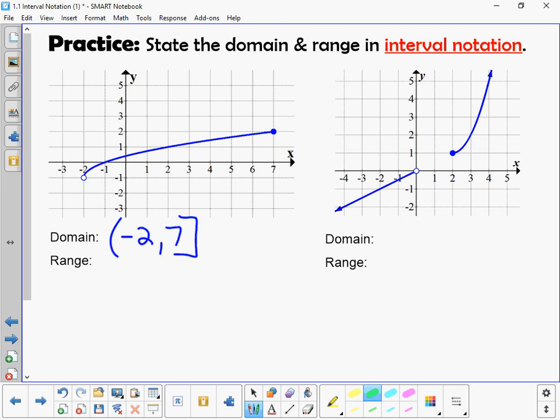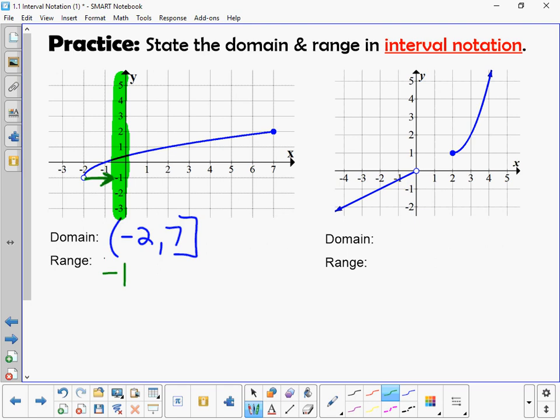So for the range, we're focusing on y values. So don't even think about those x's anymore. Think about these y's over here. For our range, we remember with range we go bottoms up, the lowest value corresponds on our y-axis to -1.